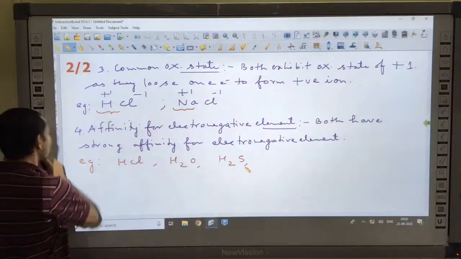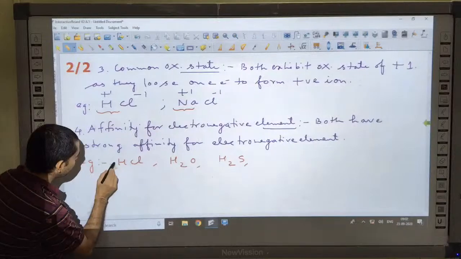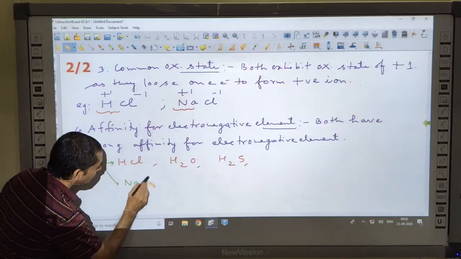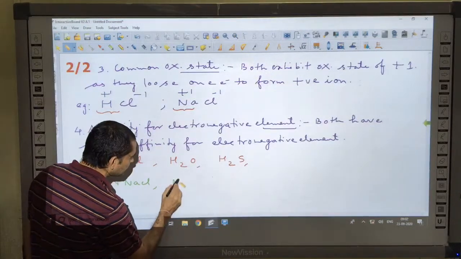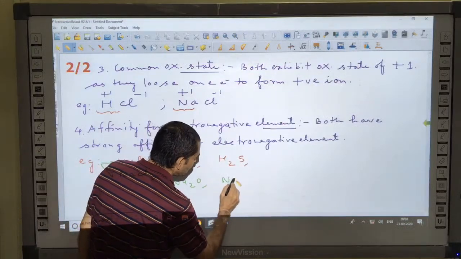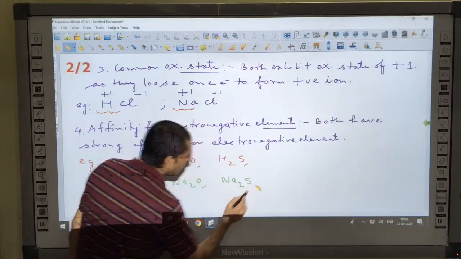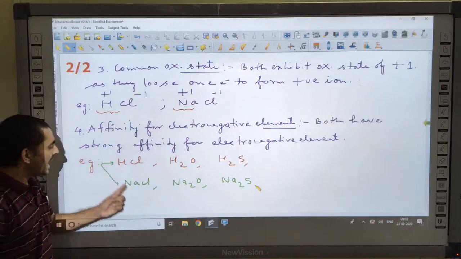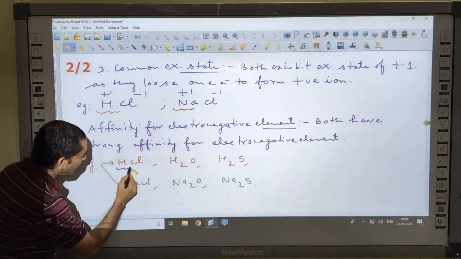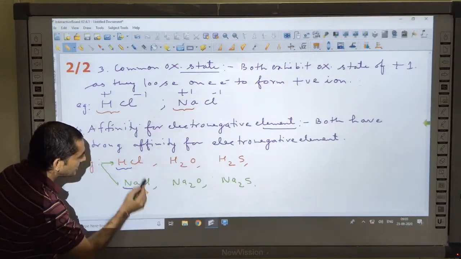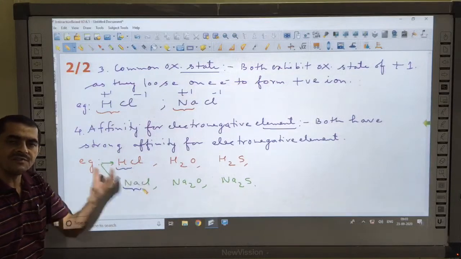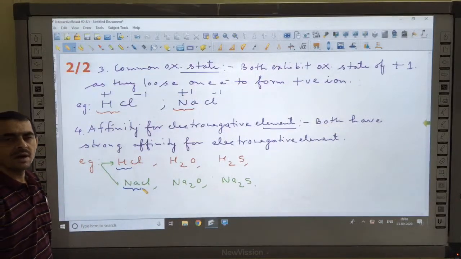If you write alkali metal compounds, NaCl, Na2O, Na2S. Now you see clearly, both hydrogen and alkali metal combine with electronegative elements. They have strong affinity for these elements.